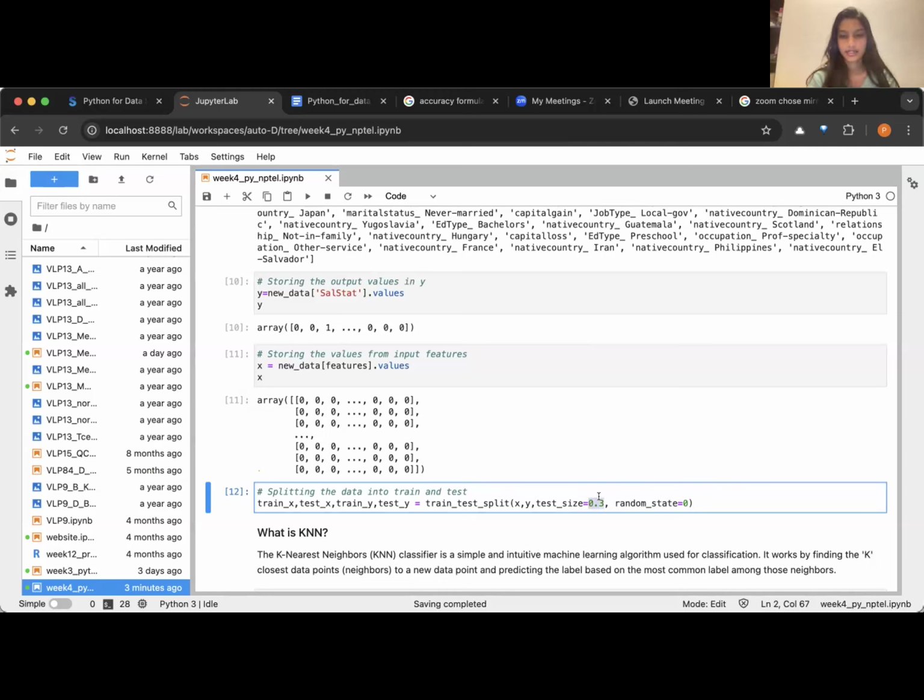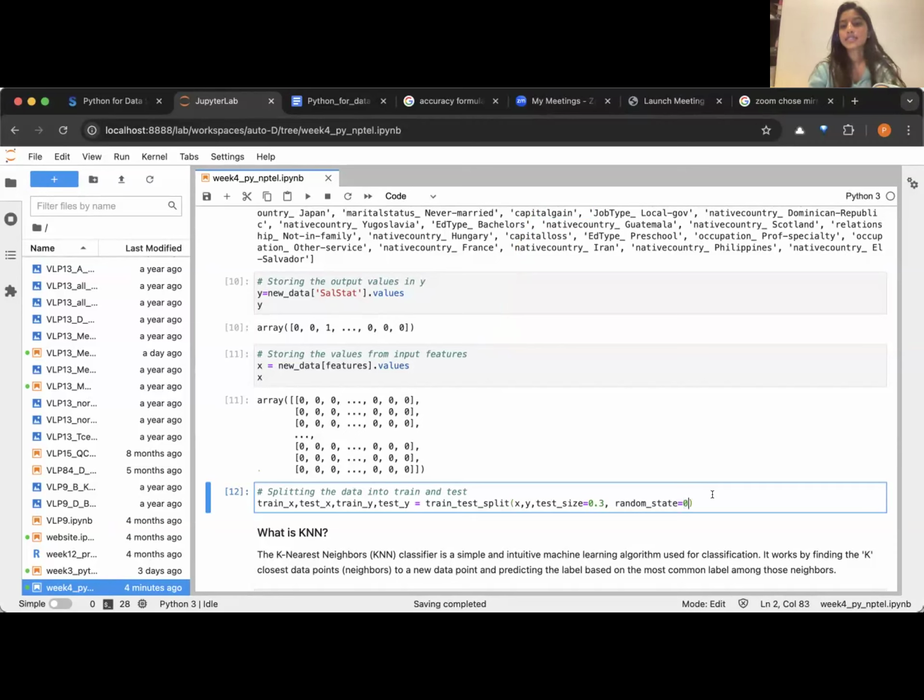When I specify test size equal to 0.3, 30% of the data will be test. When I use the same random state the second time, the same 30% of the data will go into the test category. If I use 0 now, let's say rows 1, 2, 3 go to the test data set, and the second time I run it with random state 0, the same rows 1, 2, 3 go into test.